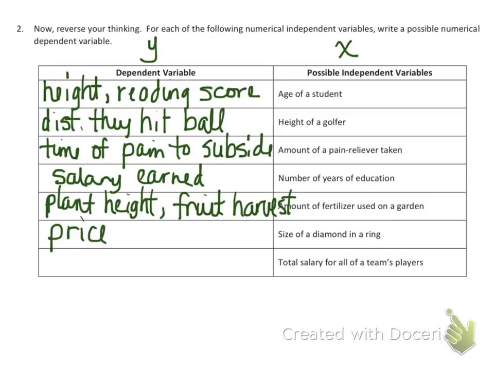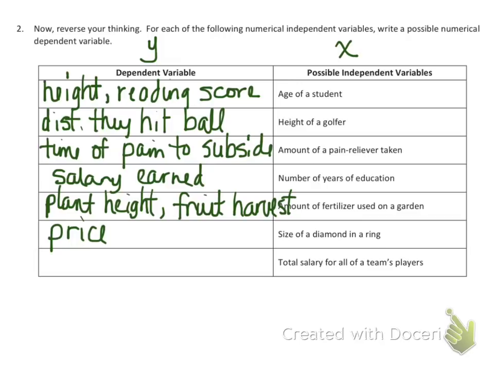Yeah. What about total salary for all of a team's players? Okay, so if we have a team that pays a lot for their players, maybe they're going to have a higher, well, let's see, we'll make it football.